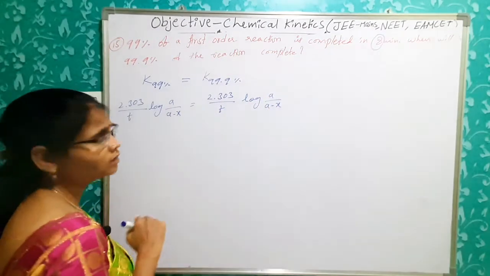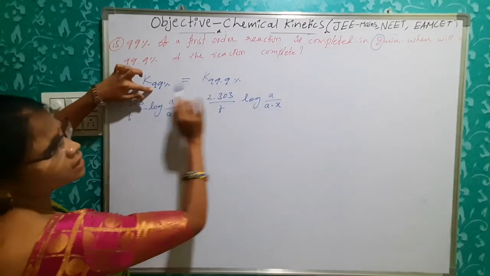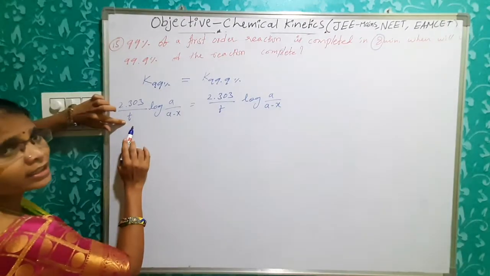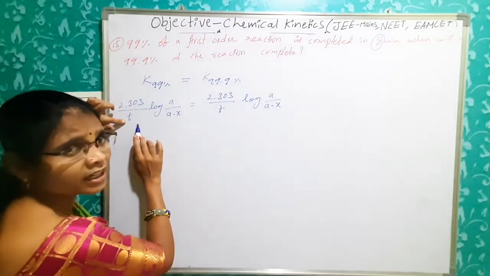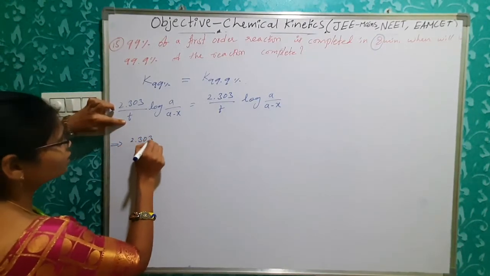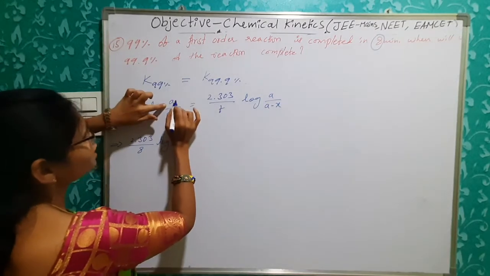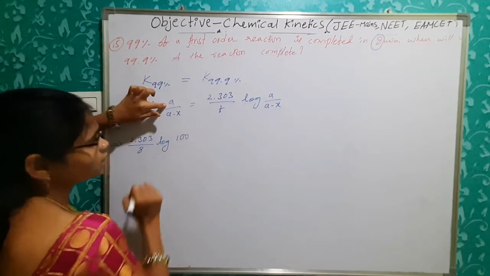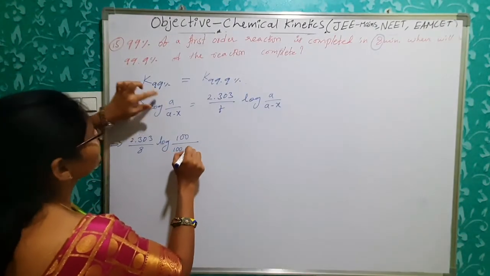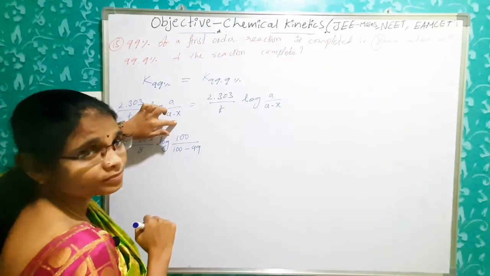Listen to me. Here 99% of the reaction is completed in 8 minutes, so here you need to write 8 minutes. So simply 2.303 by 8 log of initial concentration, taken as 100, by 100 minus 99, where X is the completed percentage.